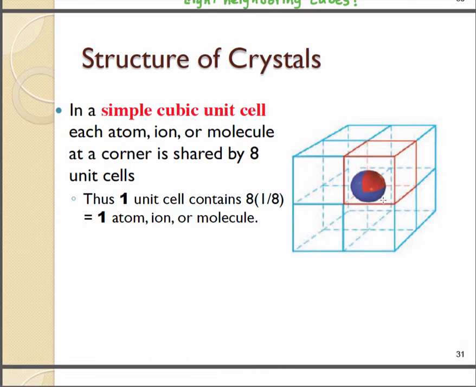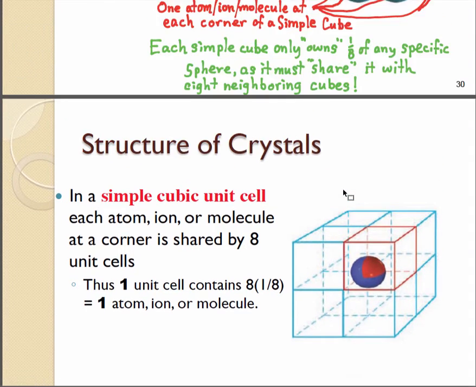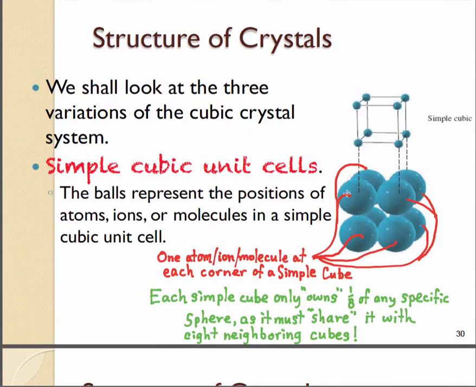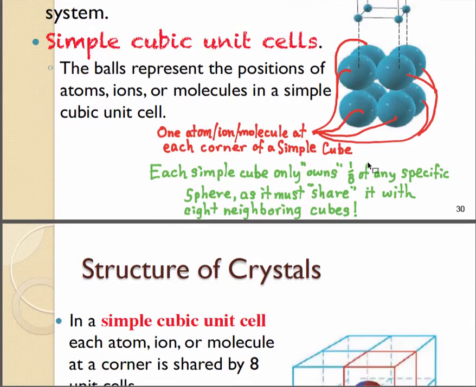So that's 8 boxes, and 1/8 of each of those atoms or ions is dedicated to that unit cell. That's the ions on the corners.